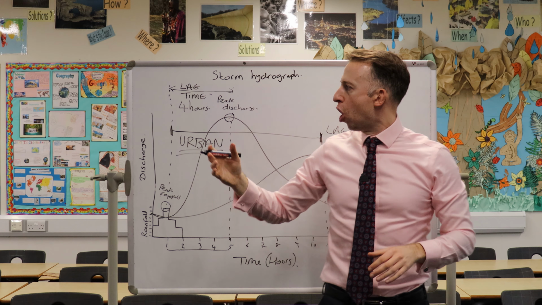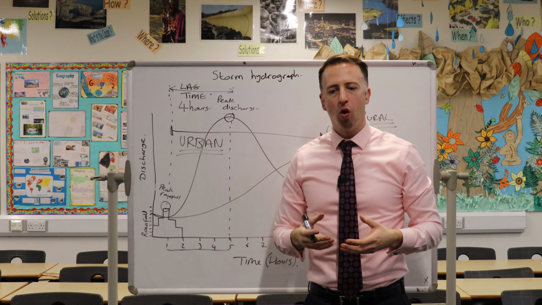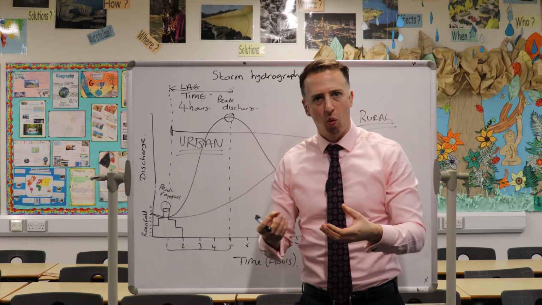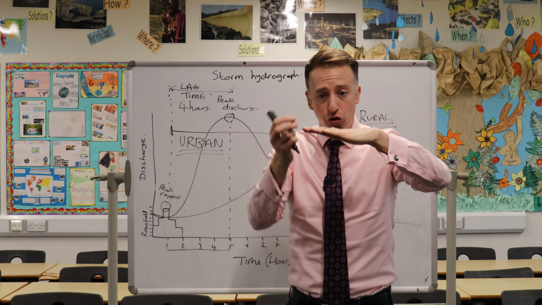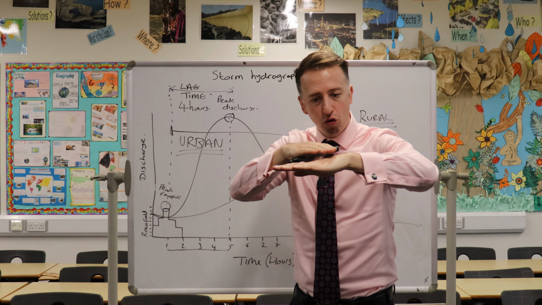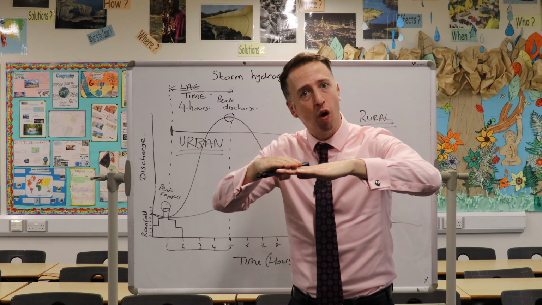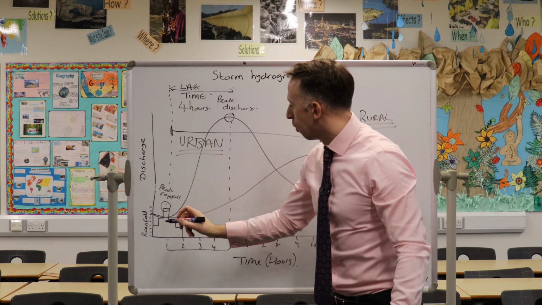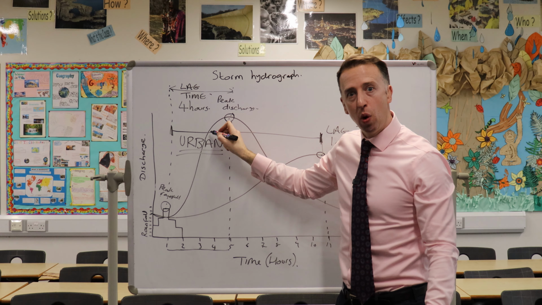So of course in an urban setting the land is going to be more impermeable, where water cannot infiltrate through it, because obviously there's more concrete. So the water is going to hit the ground and the surface runoff will be faster, which is why that line rises quickly.